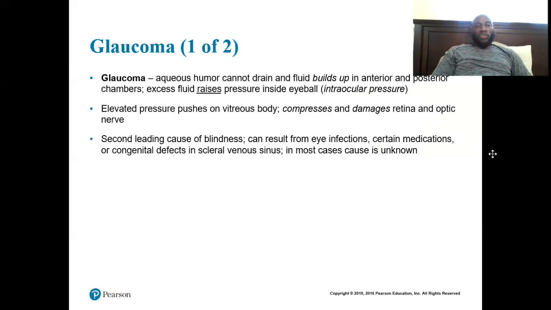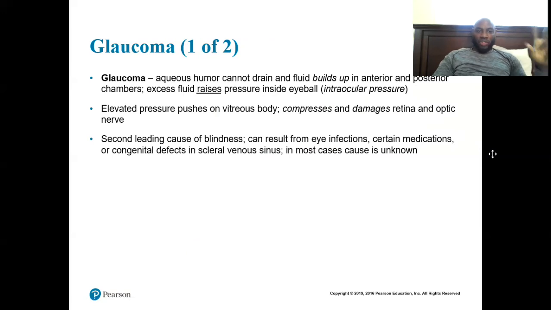We also have glaucoma. When your aqueous humor cannot drain, the fluid in the anterior portion of the eye builds up in the anterior and posterior chambers in the front of your eye and raises pressure inside the eyeball. Elevated pressure pushes on the vitreous body and compresses and damages your retina.